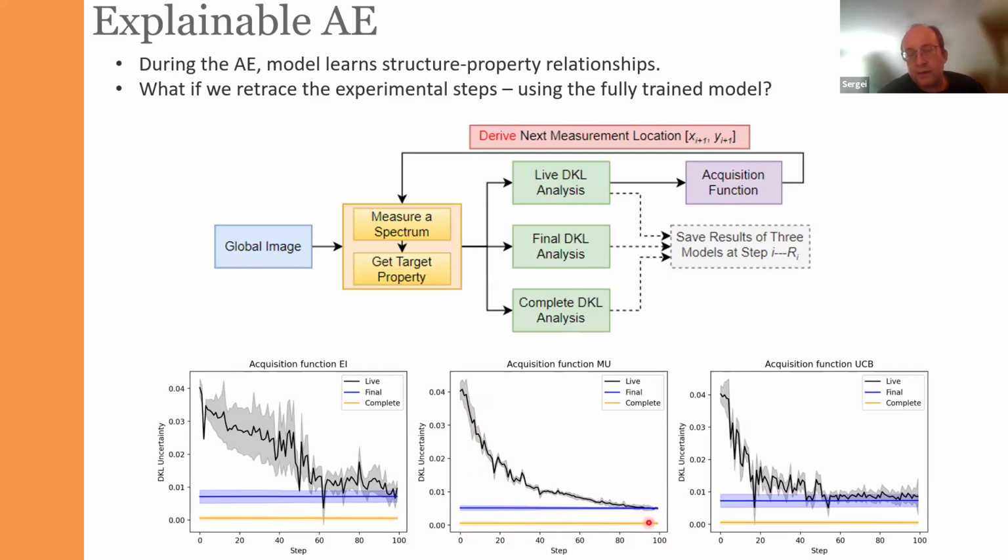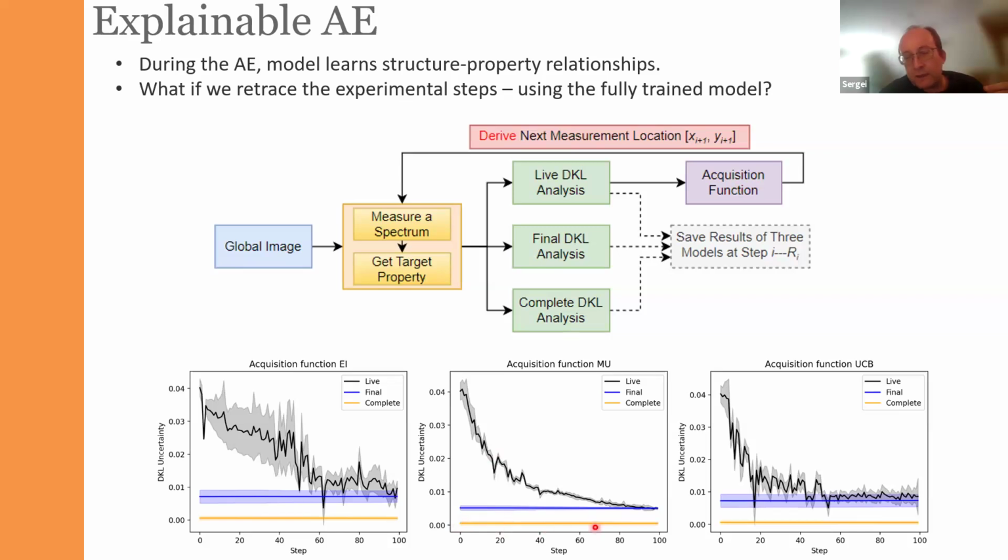The yellow line is what we call a complete model. A complete model is when we have all the data, and obviously we have all the data only when the data was pre-acquired. So in real experiments, we don't have access to the yellow line. In real measurements, we have access only to the black and blue.